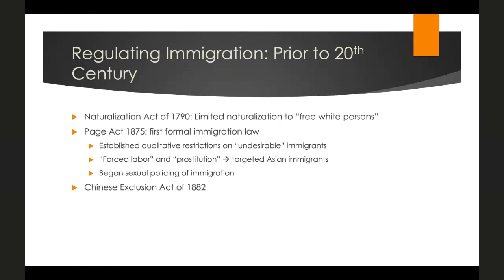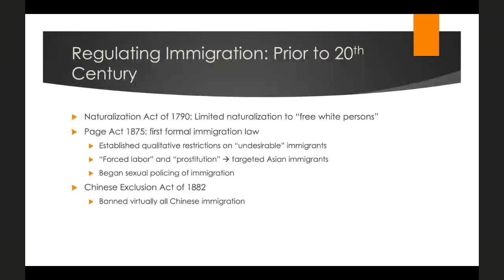The Page Act was expanded in the Chinese Exclusion Act of 1882, which prohibited all immigration of Chinese laborers. This was a functional ban on all Chinese immigration, and it was the first law implemented to prevent all members of a specific national group from immigrating.